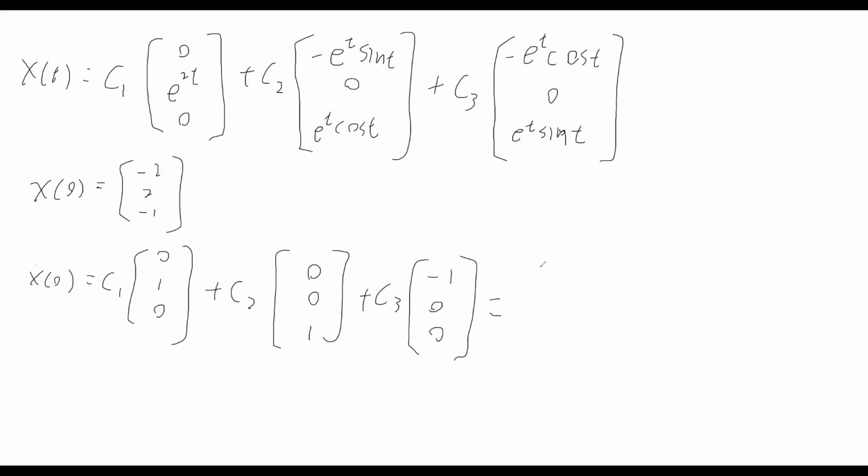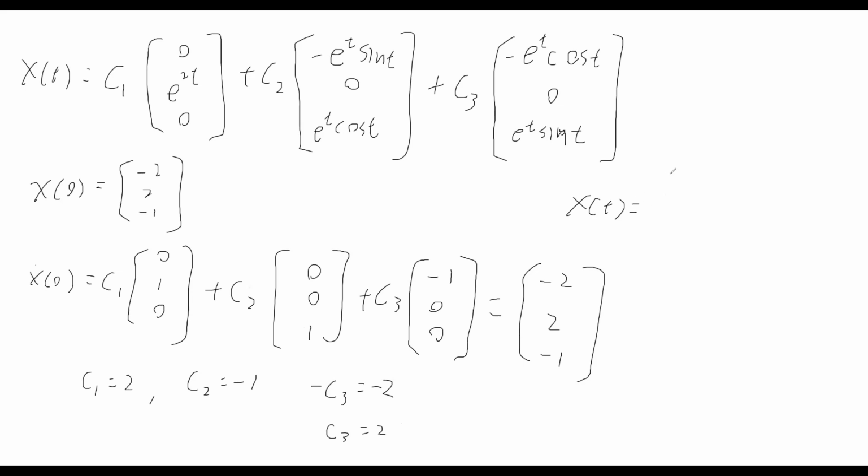And that is equal to -2, 2, -1. From here we can see that C1 takes care of the middle one, so C1 is 2. C2 is the last one, so C2 is -1, and C3 is the first one, so negative C3 is -2. That means C3 is 2. All right, so let's put that in as our final form.